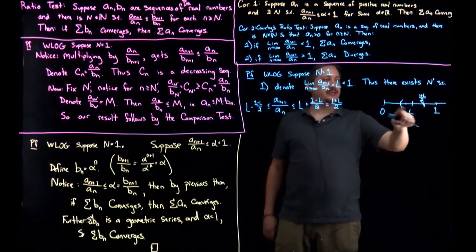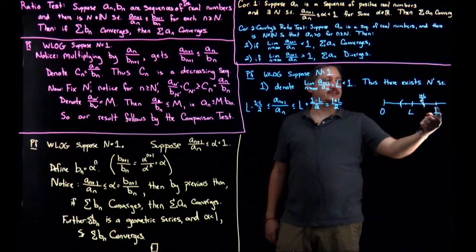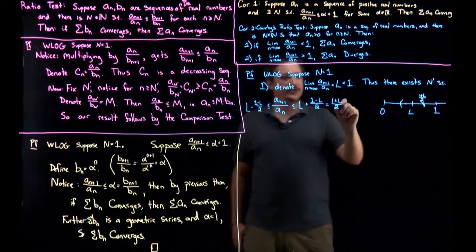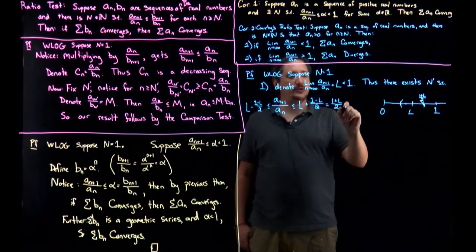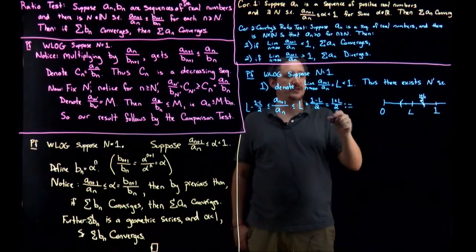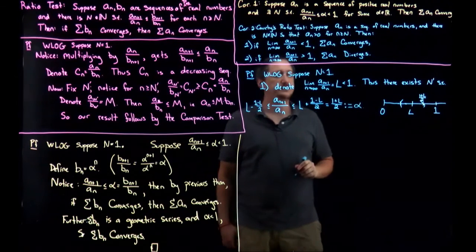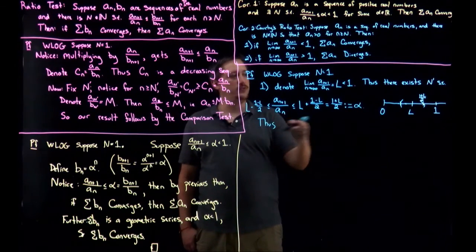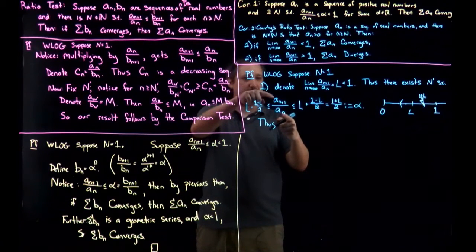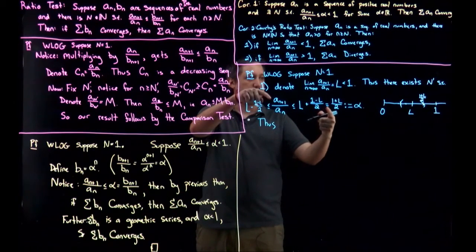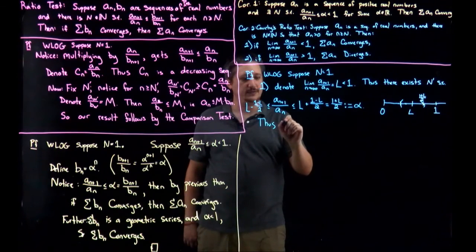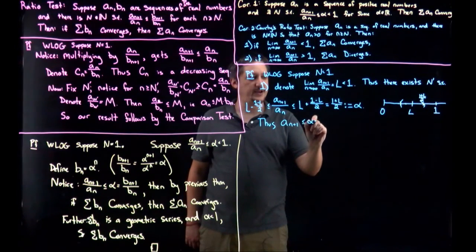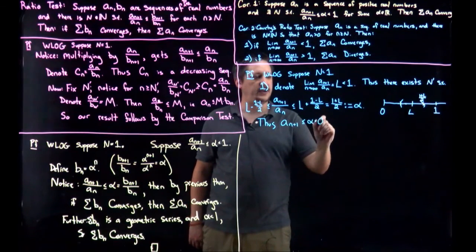Importantly though, this thing, no matter how big it gets, is still less than 1. So I'm going to denote this, I'm going to do that colon equals. I'm defining this value, 1 plus L over 2, to be alpha. Thus, if I move the an over, I have an plus 1 less than or equal to alpha times an, because I moved the an over.